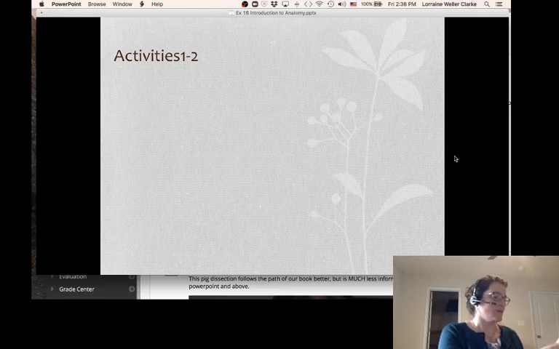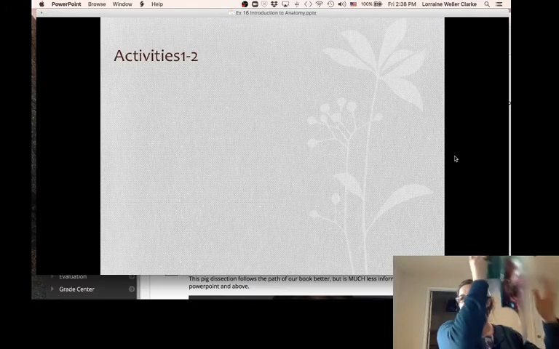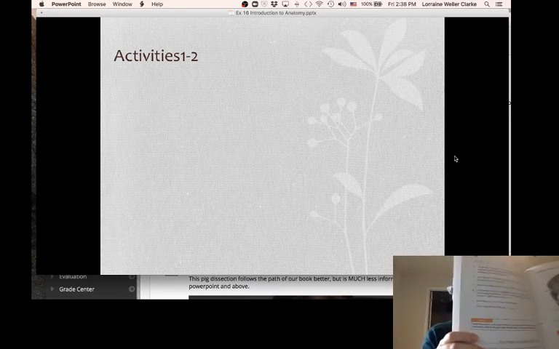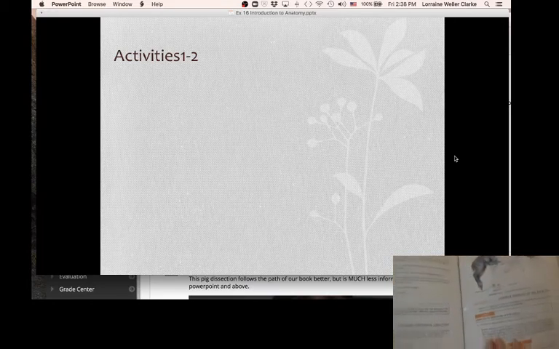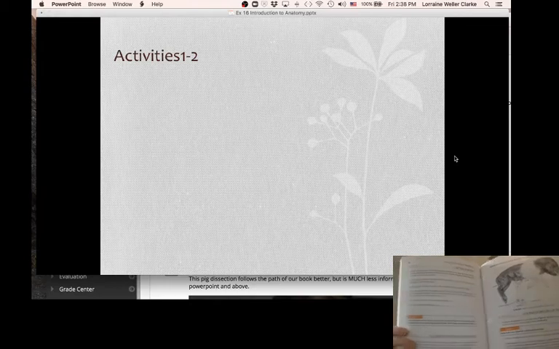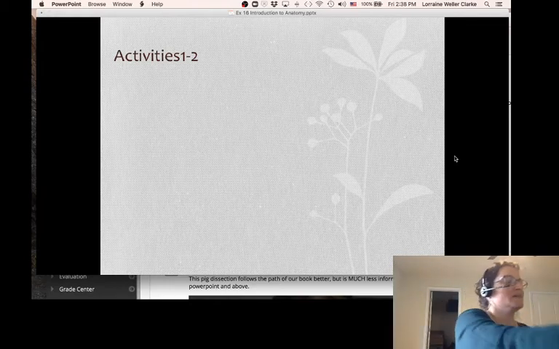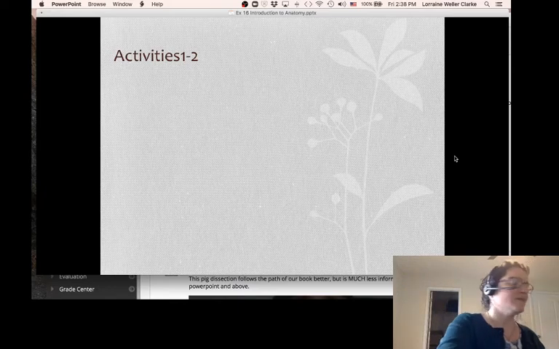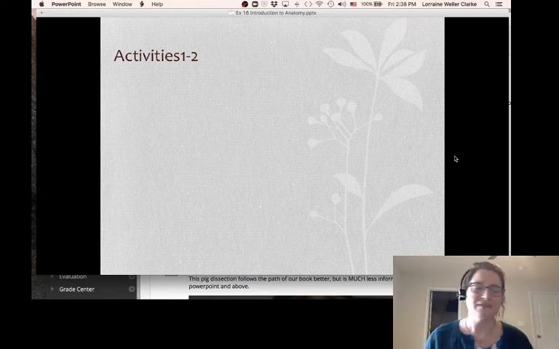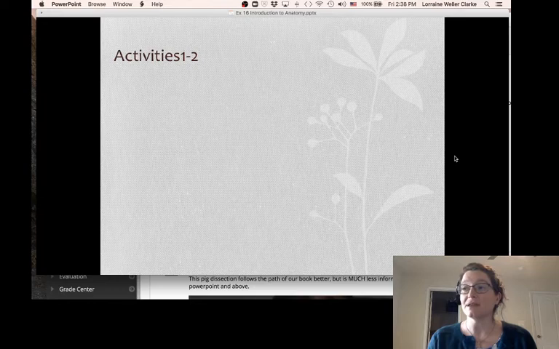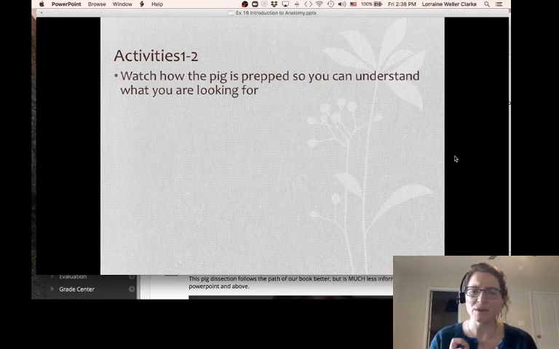We're going to start with activities 1 through 2, okay? Imagine I'm walking you through this in the actual lab, so you have this book, follow along. I'm going to do my best to walk you through the different pieces. You do not have to obtain all the stuff from the lab, obviously, but do watch them set up the pig, because that's when they're going to point out if the pig is on its dorsal side or its ventral side, etc. So watch how the pig is prepped.